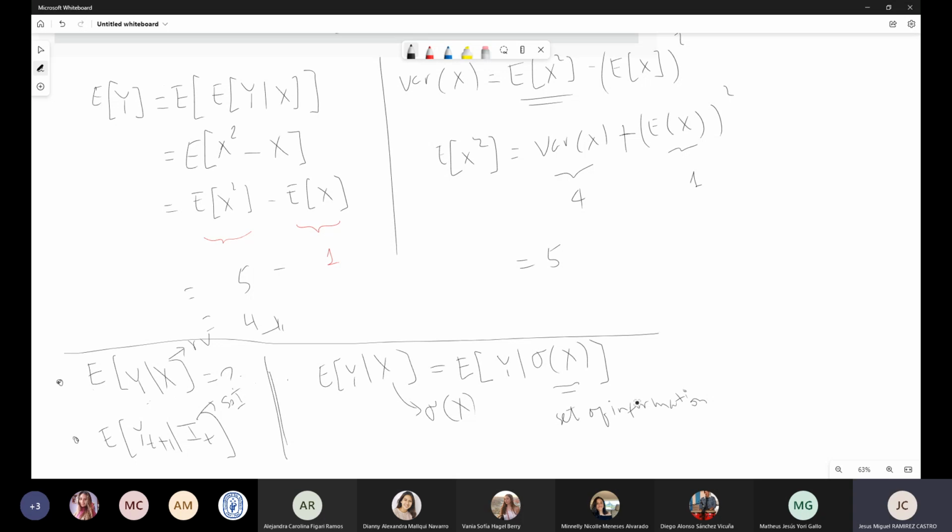Solo que para evitar confundirlos a ustedes, no hablaban de estos sets of information que generan estas random variables. Entonces, cuando hemos hecho esto de acá, nos referimos también a sets of information. Es lo mismo.